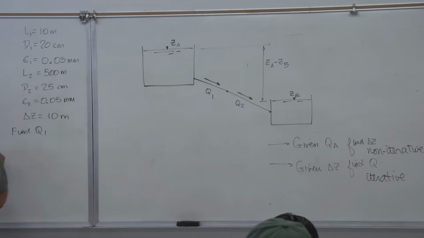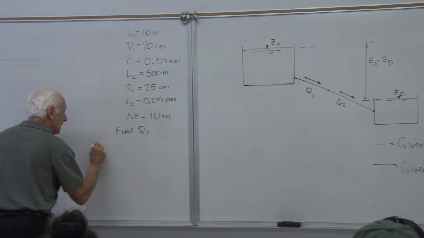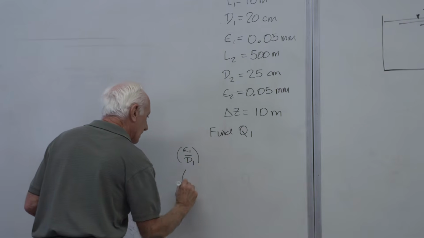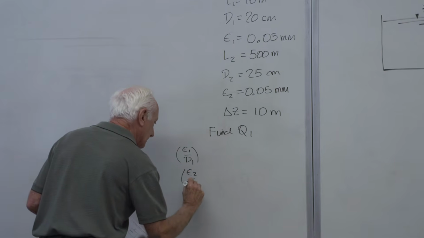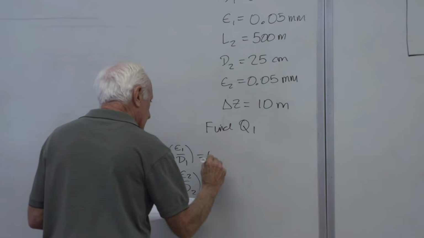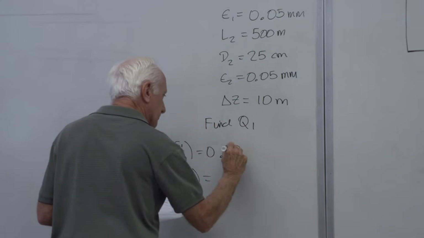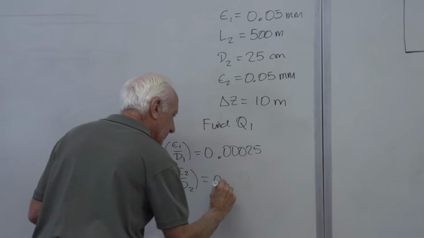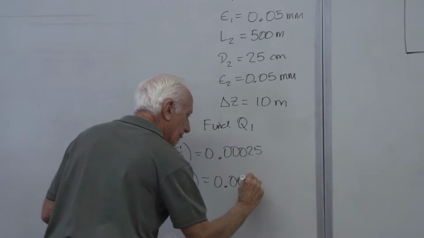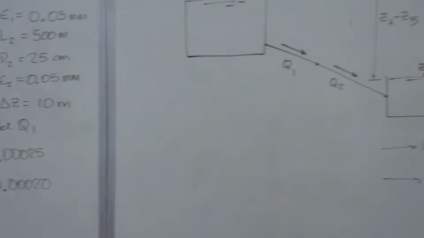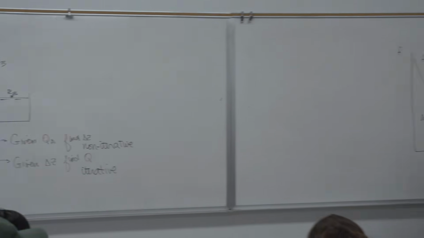We get epsilon 1 over D1, epsilon 2 over D2, 0.3025, 0.3020. I'm just going to go to the Moody chart now and put these guys down. Well, they're there.